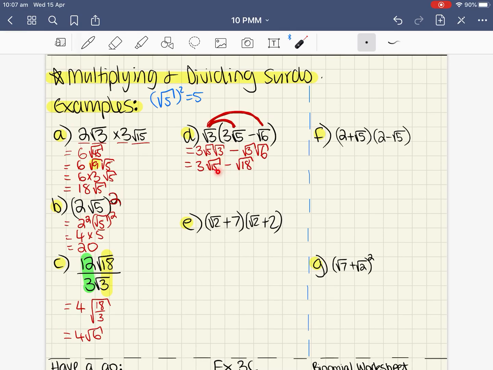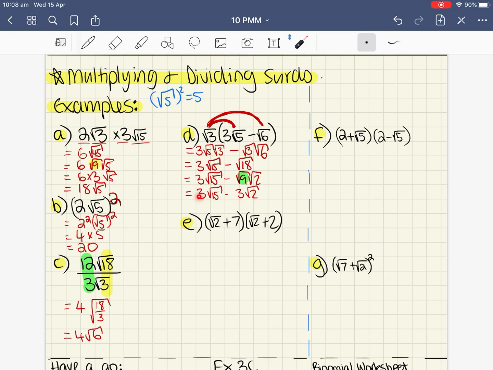Root 15, however, cannot be simplified, so we can keep this whole term how it is while we work with this term here on the right. So 3 root 15 minus root 9 root 2. Then we're going to get a nice integer of 3 falling out there. So 3 root 15 minus 3 root 2 is our answer for question D.